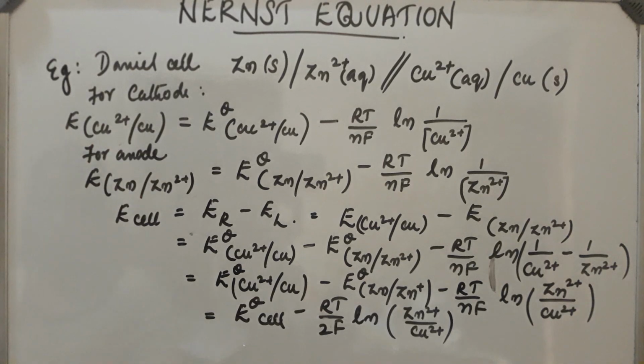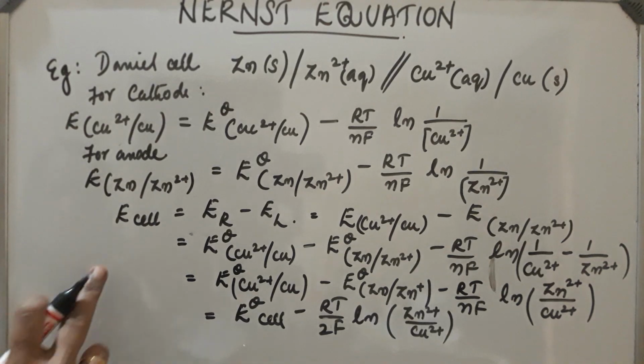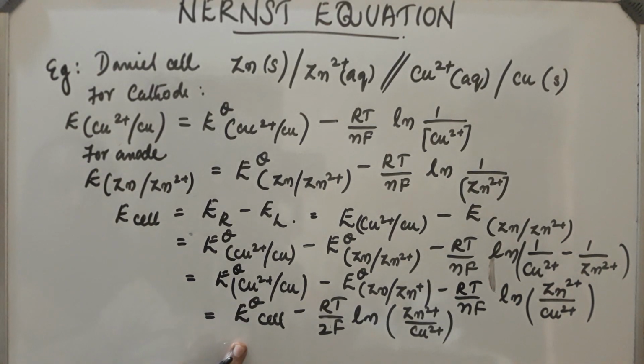By substituting all these values, we will get the resultant value. E of cell will be equal to the standard electrode potential of the cell minus, substituting, 8.314, 298 Kelvin standard state, 2 into 96487.